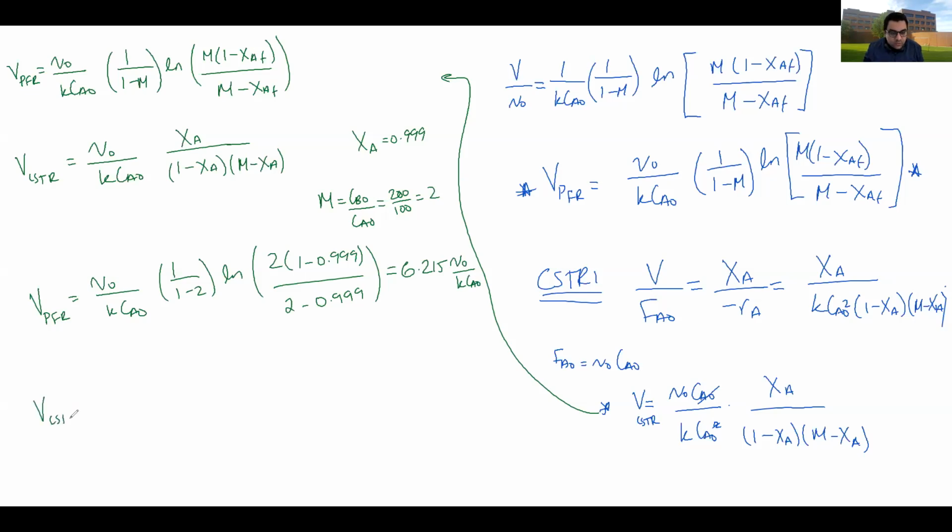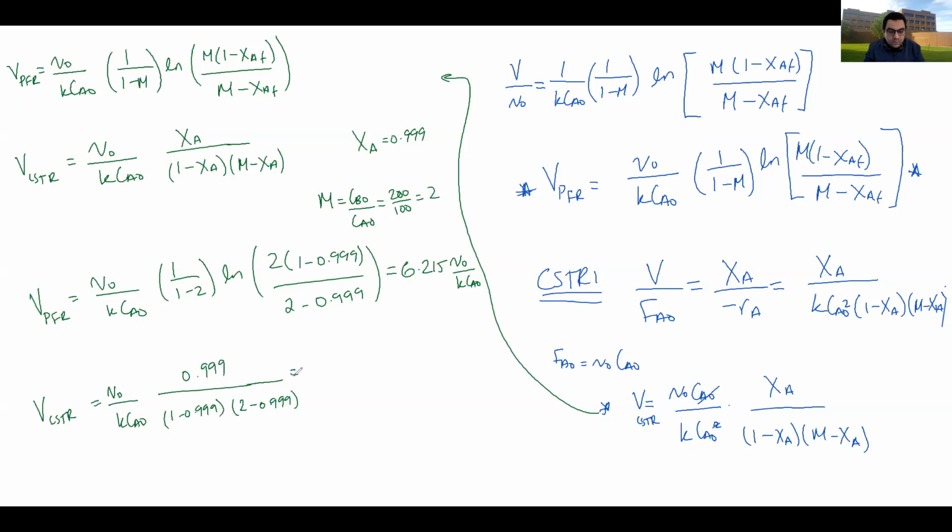The expression for a CSTR will be V naught over K CA naught, XA is 0.999 over 1 minus 0.999 multiplied by 2 minus 0.999.